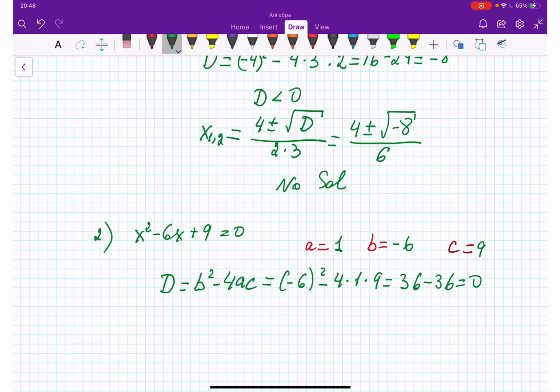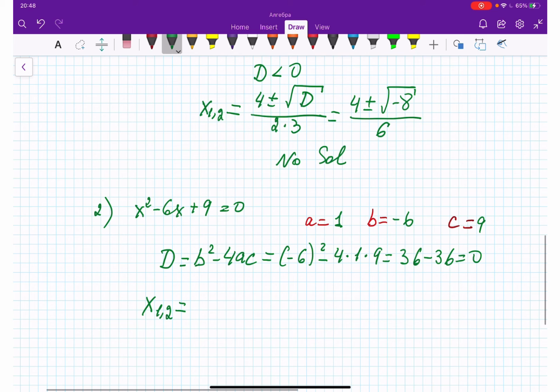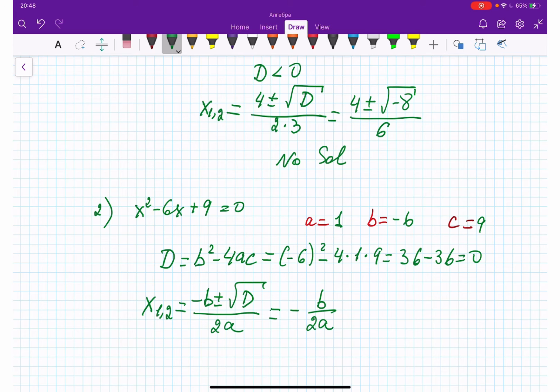In that case, for the formula, the solution x1,2 is equal to negative b plus or minus the square root of D, that's our formula, over 2a. Since the discriminant is 0, we have only negative b over 2a.